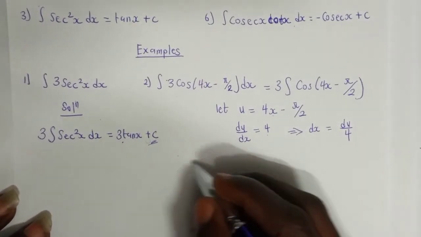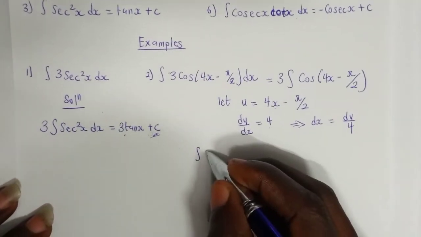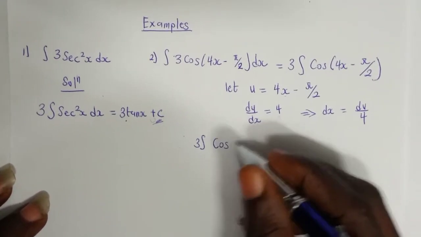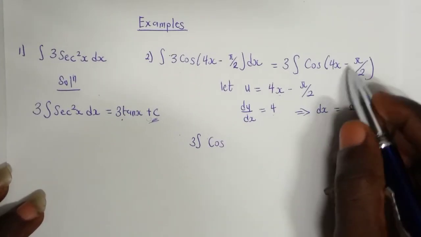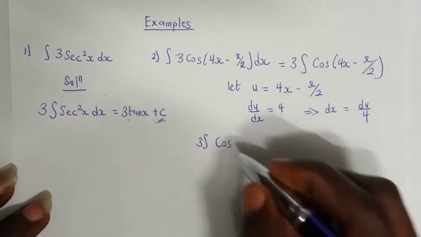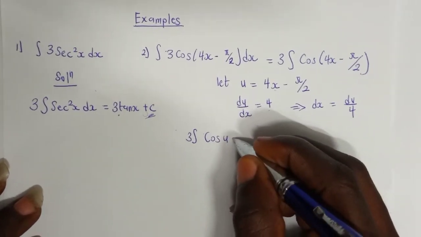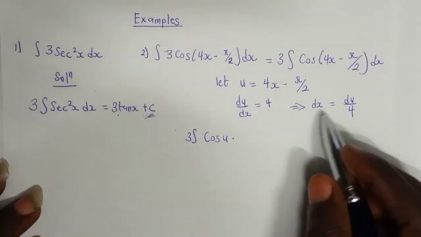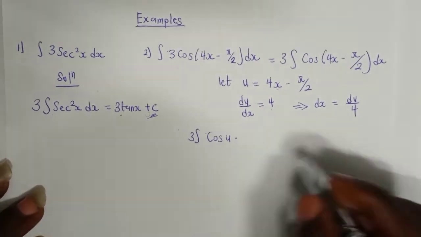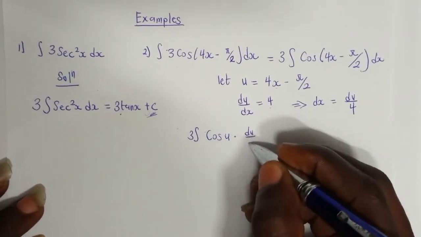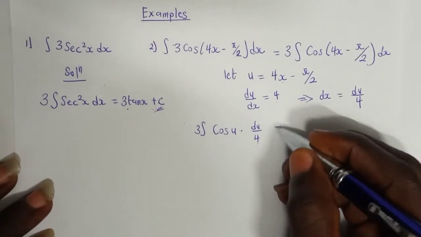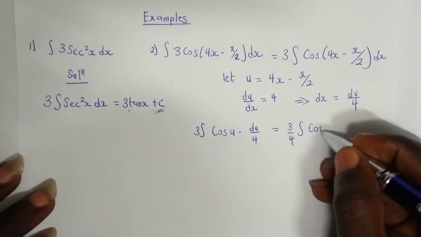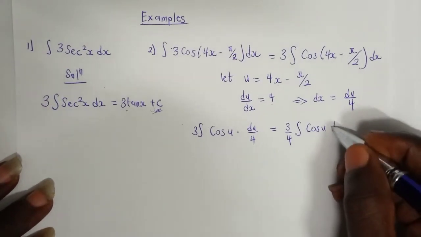Therefore our integral of cos of bracket, since we let u represent this, we are going to get cos u multiplying dx. So in place of dx, we are going to write du over 4, which is equal to 3 out of 4 integral of cos u du.